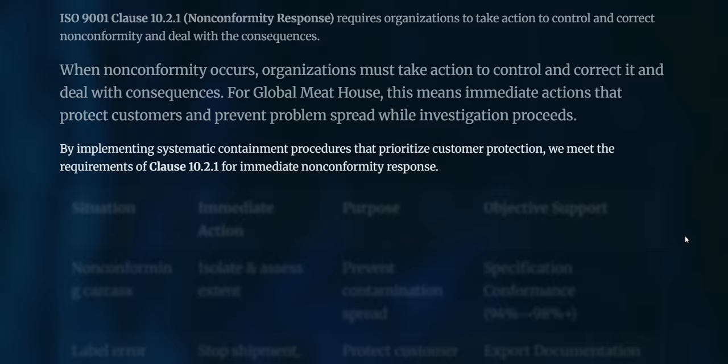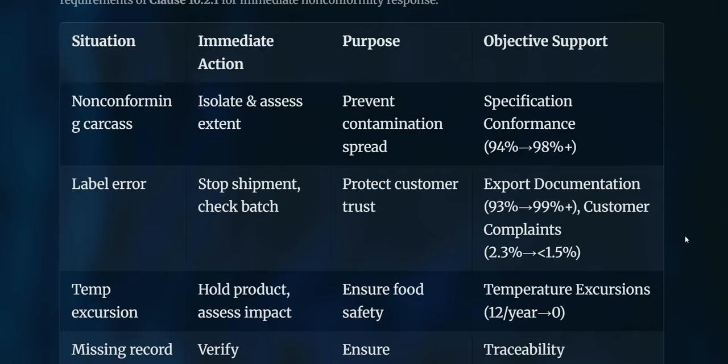By eliminating systematic containment procedures that prioritize customer protection, we meet the requirements of Clause 10.2.1 for immediate nonconformities. Now let's take a look at how to implement.